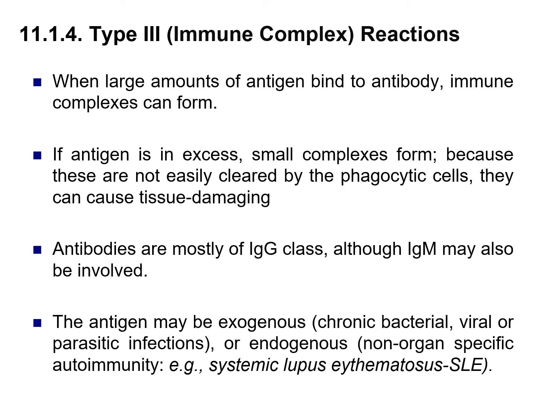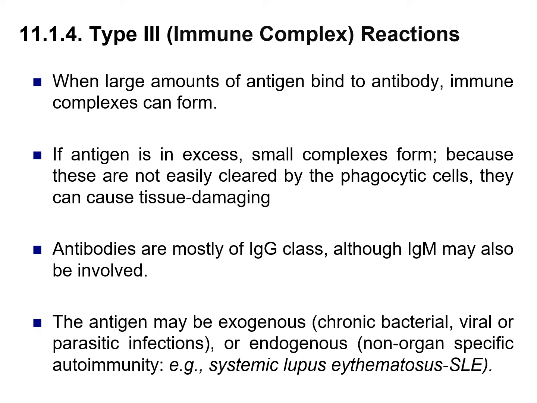Immune complexes are formed when a number of antigens bind to an antibody. The antibodies that usually bind here are either IgG or IgM, and it's difficult for the phagocytes to recognize these small complexes. Then it leads to tissue damage.